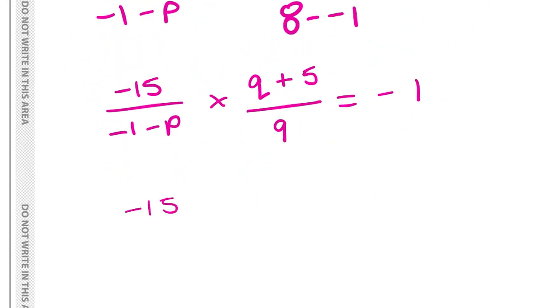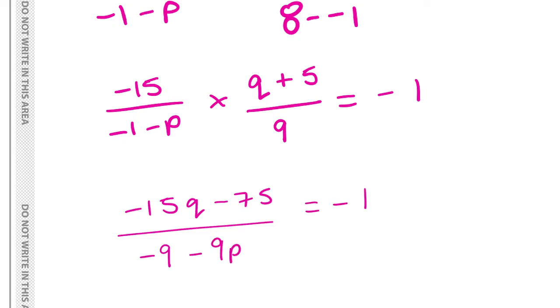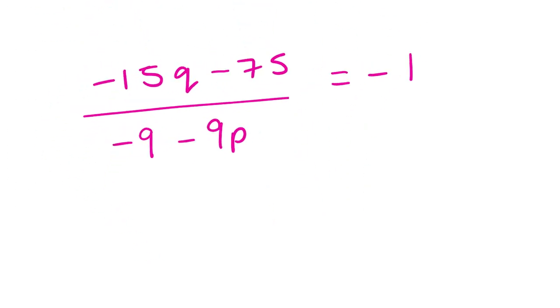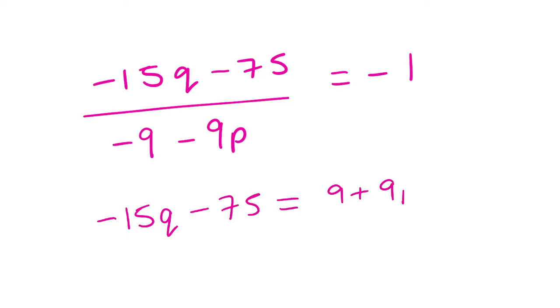So we're going to get minus 15 times q, minus 15 times 5, over 9 times minus 1, minus 9, 9 times minus p, minus 9p. What does this equal? Negative 1, right? Multiply both sides, minus 15q minus 75 equals 9 plus 9p. Because I multiplied this by negative 1.